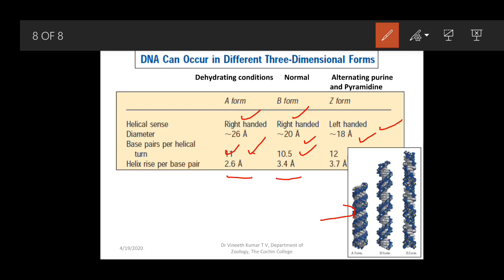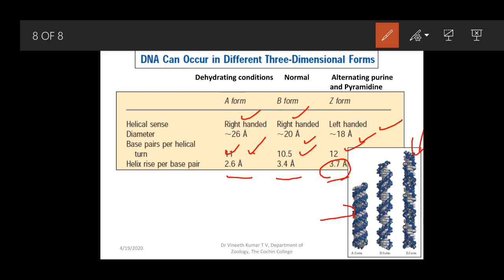For base pairs per turn, you can see that Z form DNA is more stretched than the B form DNA. As it is more stretched, the number of bases increases to 12, and the distance between two nitrogen bases, one above and one below, also increases to 3.7 from the normal 3.4.